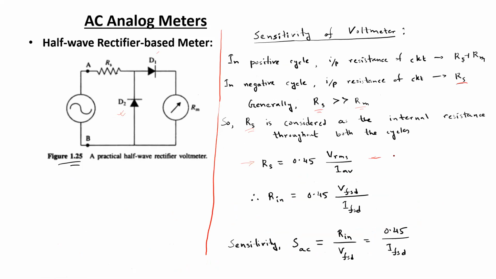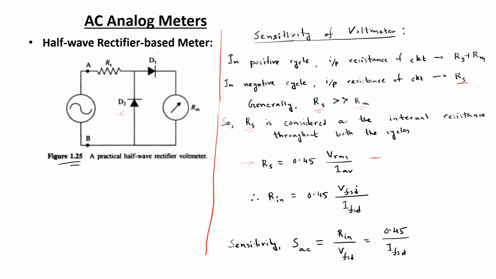Now, before we denote the expression for sensitivity, we should consider the maximum current that can be handled by the PMMC, which is referred to as the full-scale deflection current. And we can assume that we are going to use that full-scale deflection current to indicate, or measure up to, a particular amount of voltage.